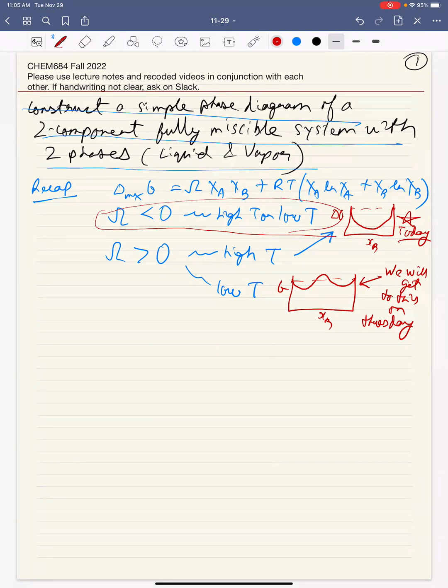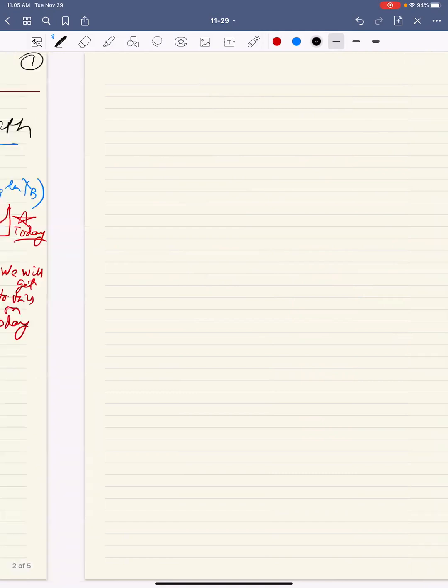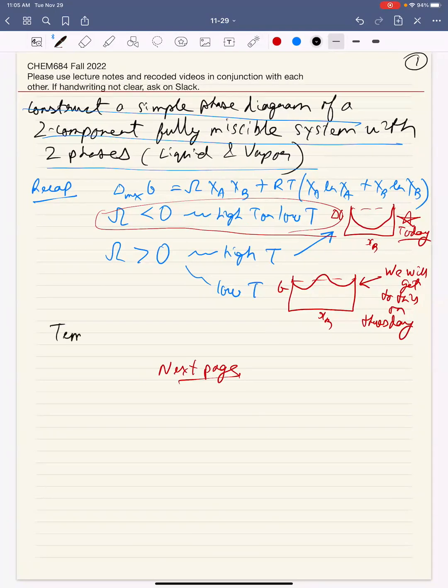So in order to construct this phase diagram, we will go to the next page because I need to draw many things. So I will try to write a bit smaller and construct everything. Okay, so what we are specifically interested in is a temperature composition phase diagram, okay? Because we could have had a pressure temperature phase diagram. We are not talking about that. We are talking about a temperature composition phase diagram.